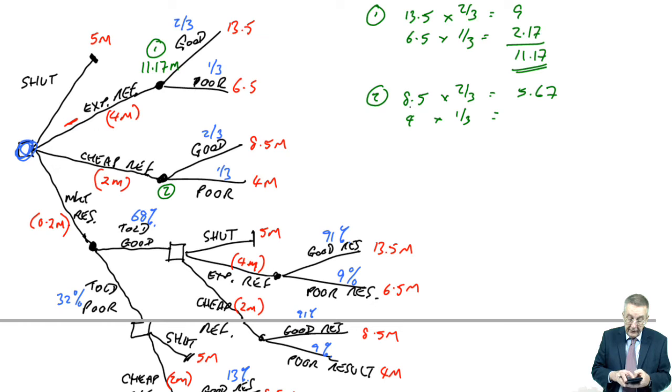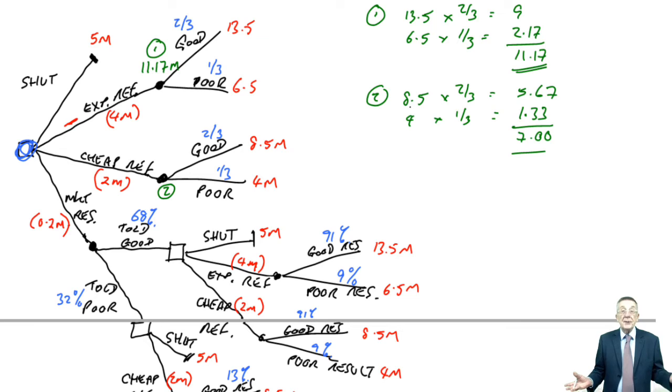Let me check that, 8.5 times 2/3. Yeah, 5.67, or 4 times a third, 1.33. An expected 7. It's the same expected value calculation, I'm not going to repeat all the logic of that again. But it does mean that if we choose cheap, we will pay out 2, and we'll get back an expected 7. So a net 5 million, 7 minus 2.